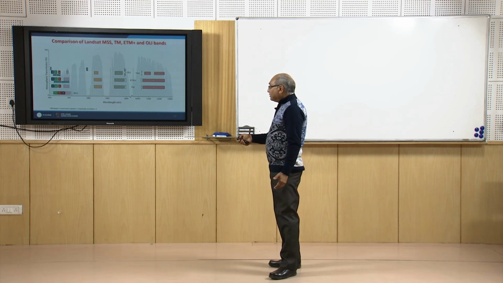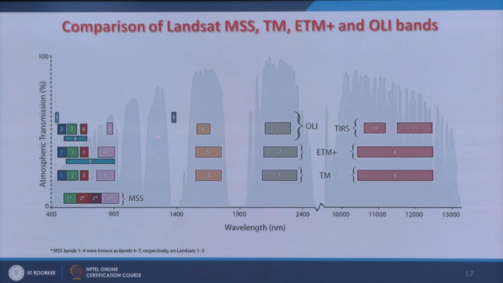The other bands are also shown. You can see we compare Landsat TM and ETM plus; both were almost the same, except we introduced one more band in ETM plus, which was the panchromatic band. This panchromatic band was made further narrower in Landsat 8 OLI, and bands 6 and 7 were also made narrower.